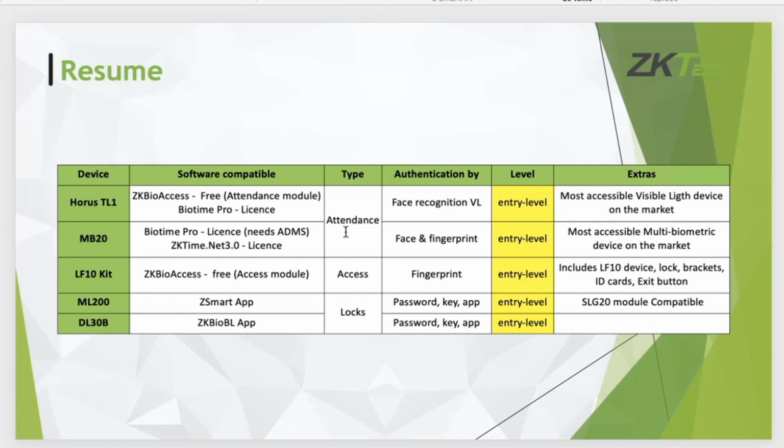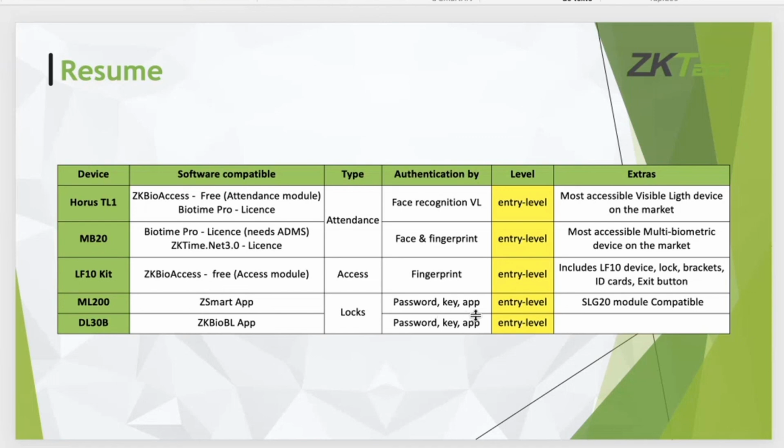And then talking about access control, we have the LF10 kit, which is only fingerprint verification, and the comment is that it includes all the accessories that you need to make your access control integration. Okay, and we have the ML200 and the DL30B smart locks. These are not time and attendance and also not access control devices. These are smart locks.